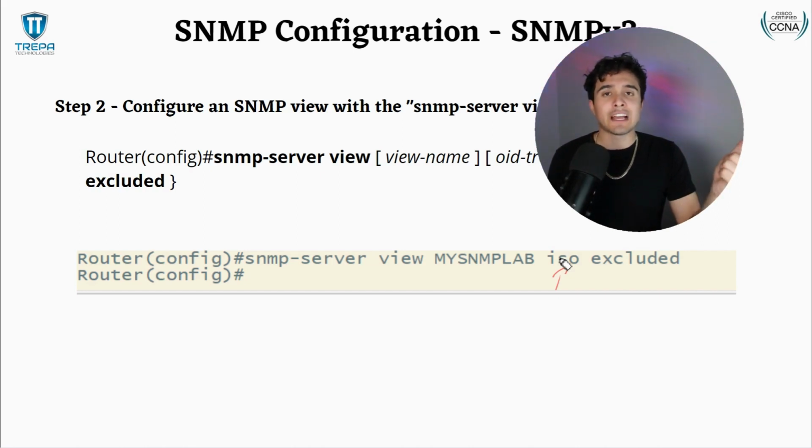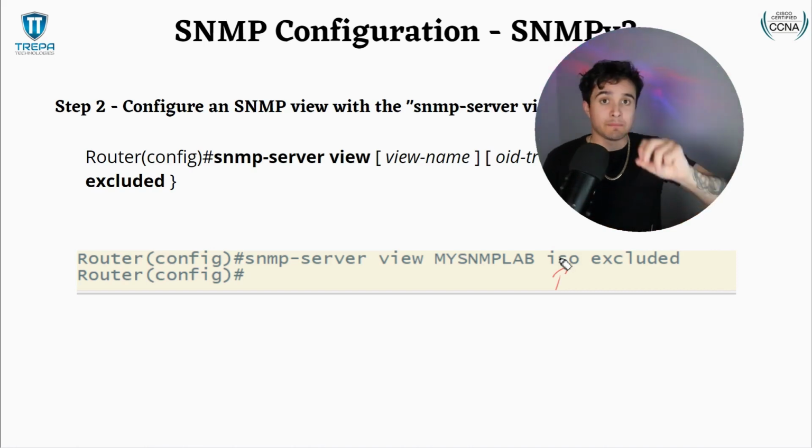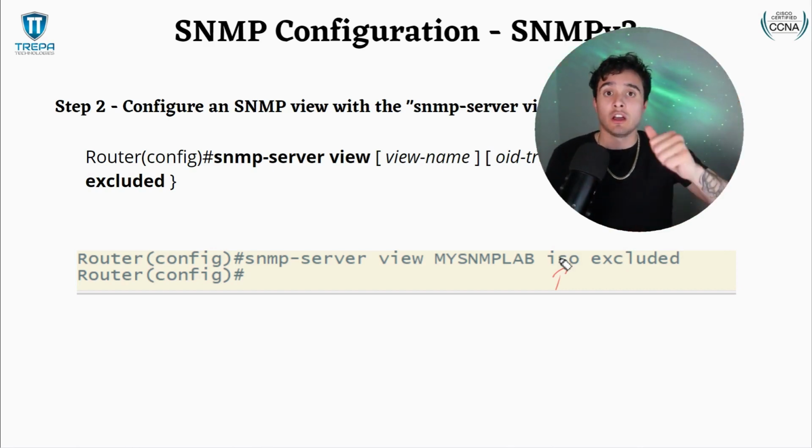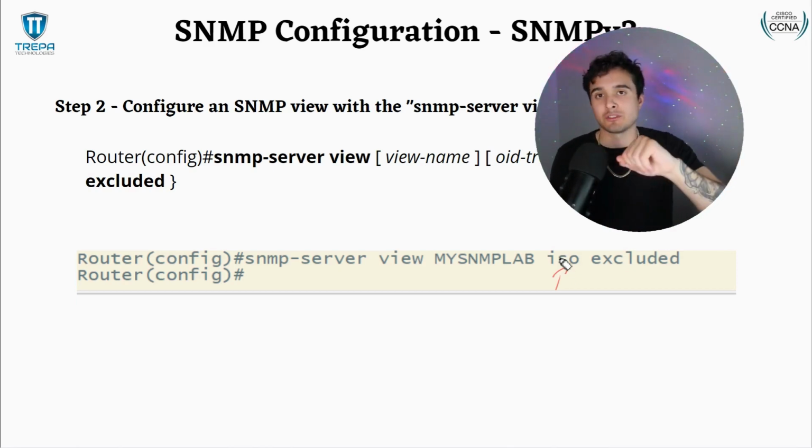And in that group, that's where we define read only or read write. And we got to reference our view group because we got to know what they can have read or write access to. And then we can configure our user, which is going to be part of that SNMP group. And that user is going to give us our security levels of hashing and encryption, or hashing no encryption, or no hashing and no encryption.